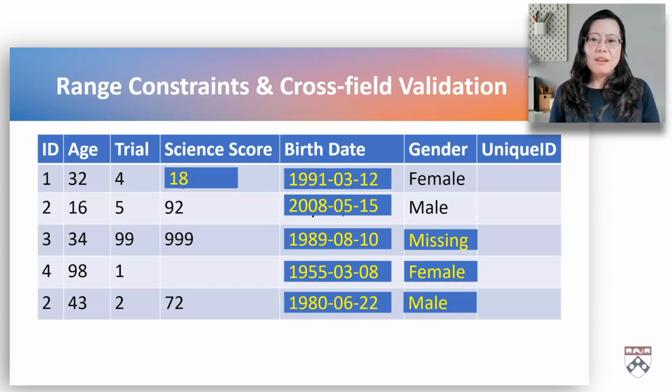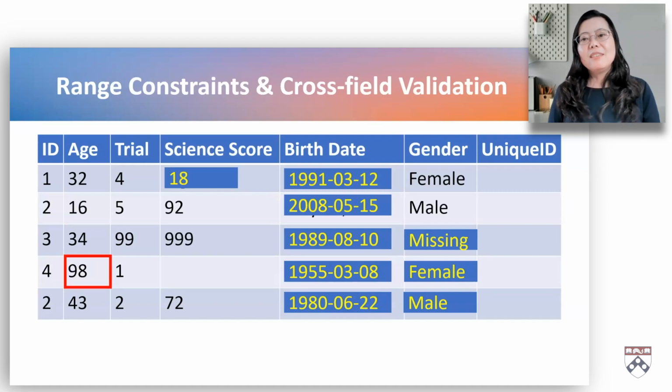Range constraints. Values should fall within a certain range, such as months between 1 and 12. Cross-field validation means that certain conditions should be satisfied. In the age column, there is a value of 98. This is likely incorrect for a dataset representing undergraduate students.